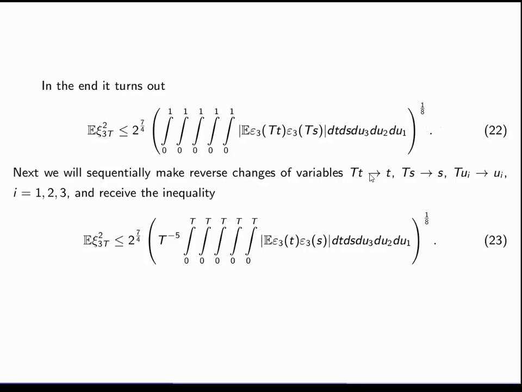Next, we will sequentially make reverse changes of variables, capital T times t to t, and so on, and receive 23. It is exactly the same inequality that is described in lemma 1, but just for the case q equals 3.